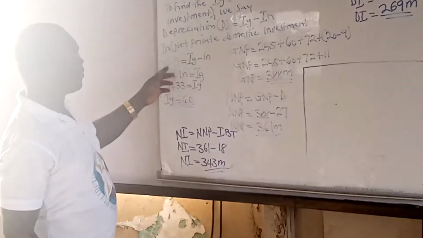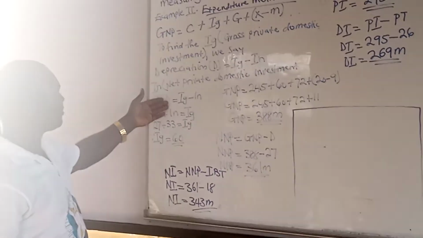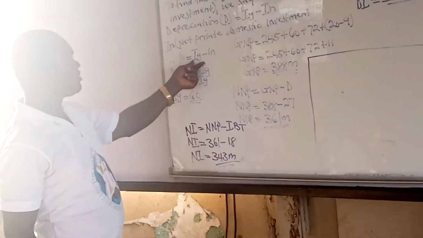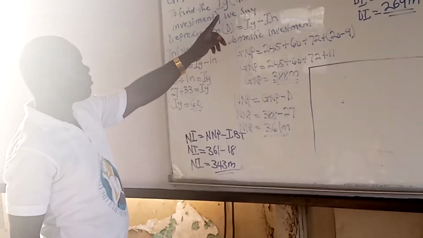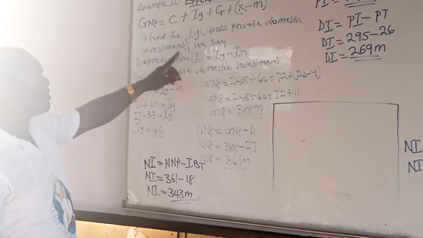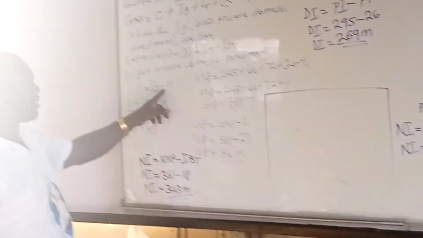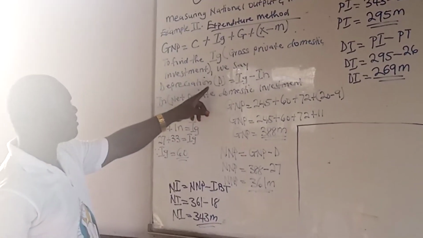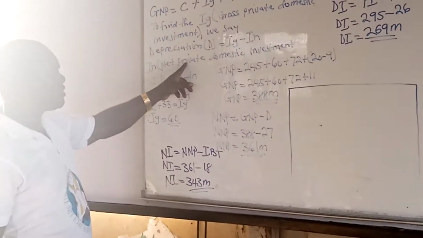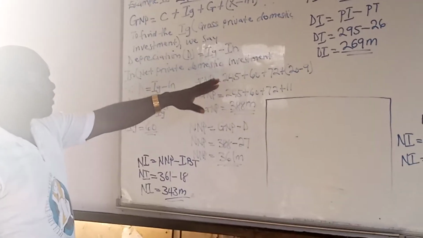So we always use depreciation, and we say it's equal to IG, the gross domestic investment, minus IN, which is our net private domestic investment.